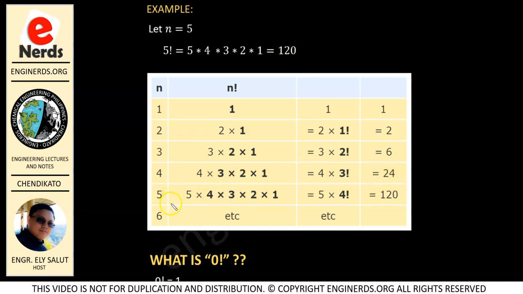So, 5 factorial is equal to 5 times 4 times 3 times 2 times 1, and this is also equal to 5 times 4 factorial is equal to 120.